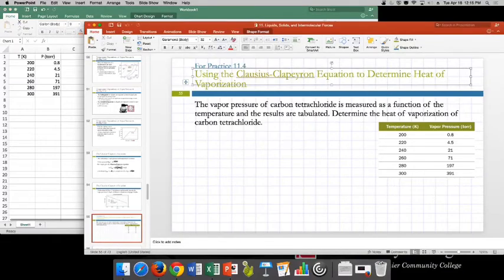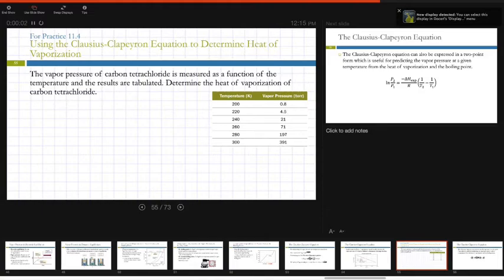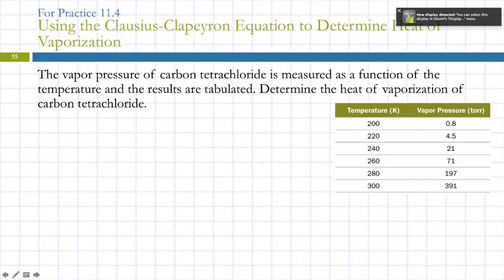So we'll go over here, see if I can get this to work again. And we graph the data, and we find that the slope equals minus 3773.5. The unit on that is going to be Kelvin.